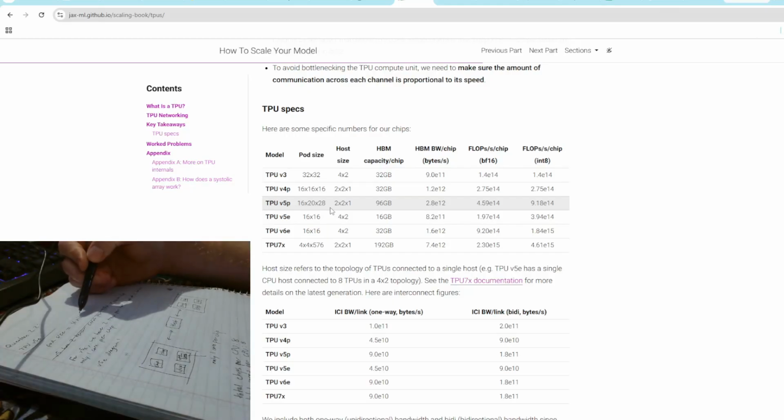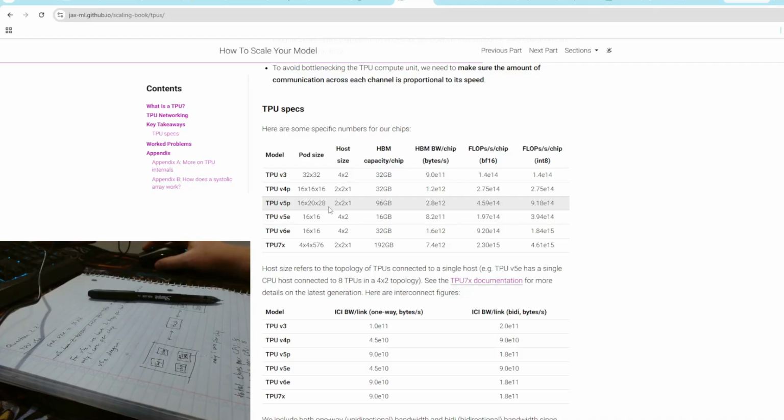And then we know that, does pod size refer to cores, or does that refer to chips? So the next thing I want is total.